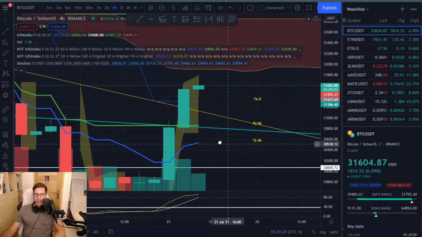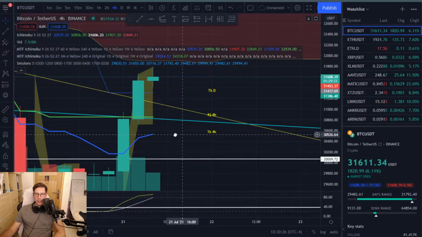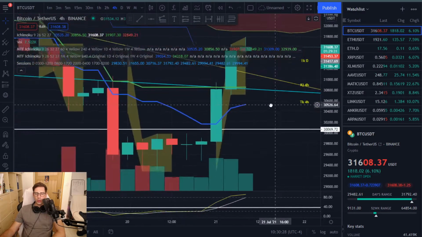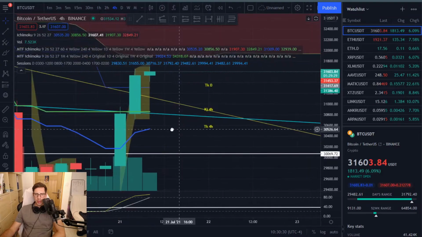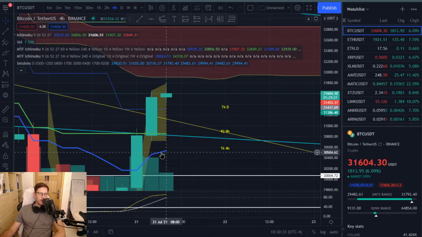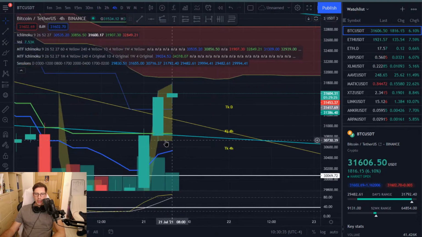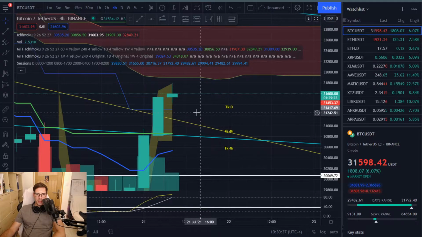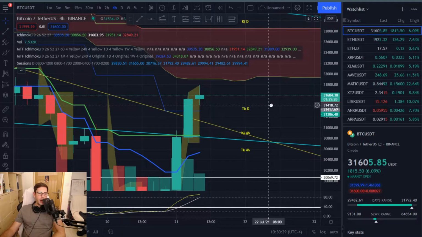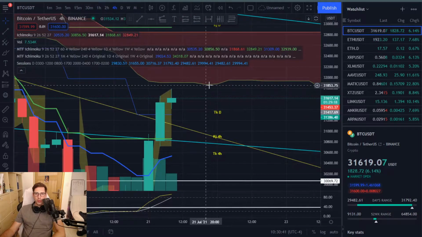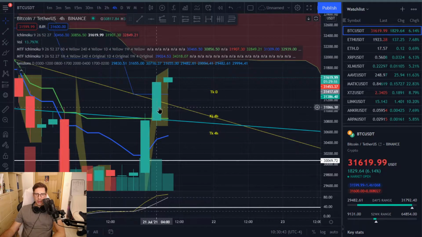Some people were asking me about the Tenkan and Kijun. Unfortunately, I don't see any example here. We usually fly in between, except when we get over. Then we have to use a higher time frame to see it. But otherwise, sometimes they cross over.